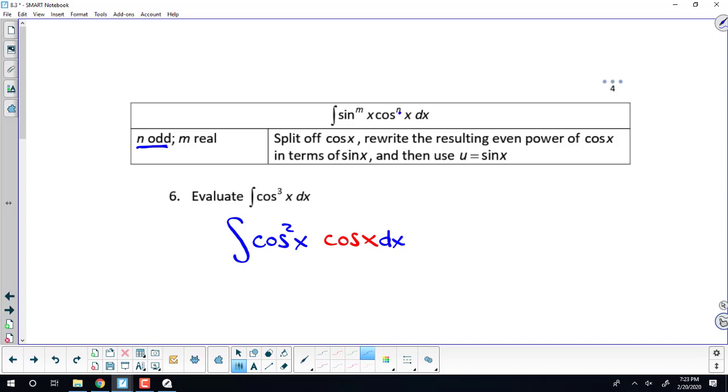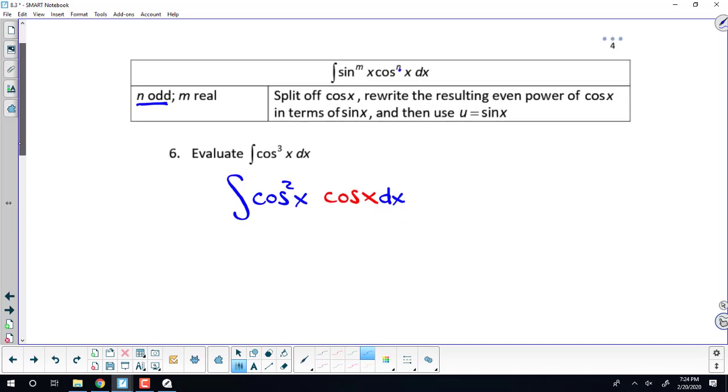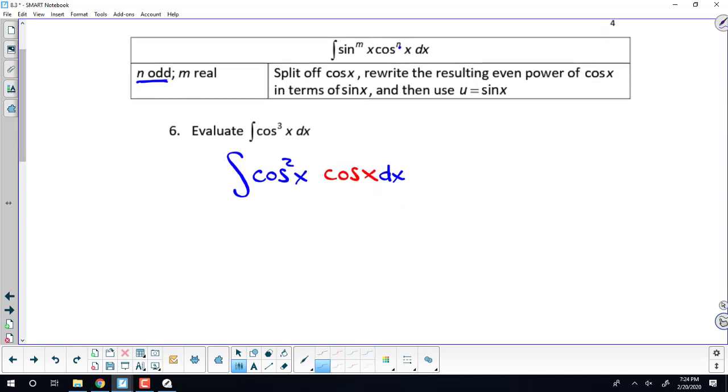So in all of these, the thing you split off, you put next to your dx, that's essentially du is what you're looking at when you do that. So if cosine x dx is du, then u should be sine. That way du can be that cosine x dx that we split off.